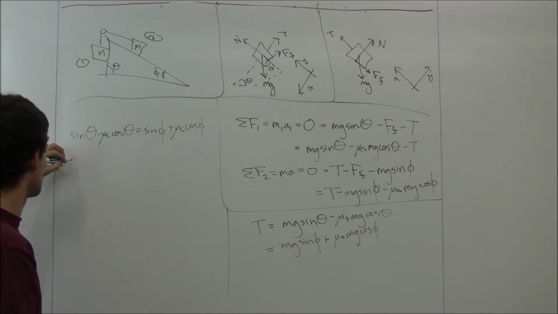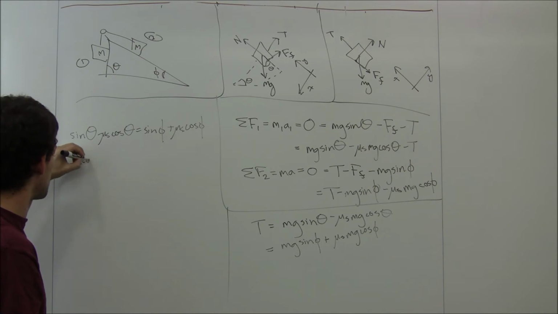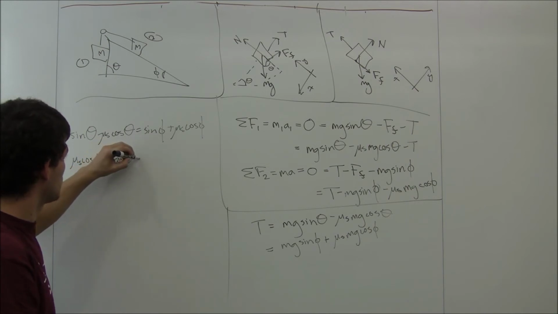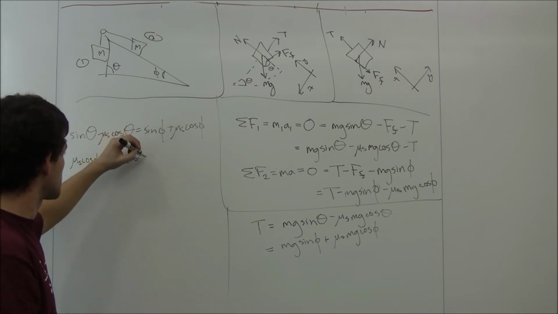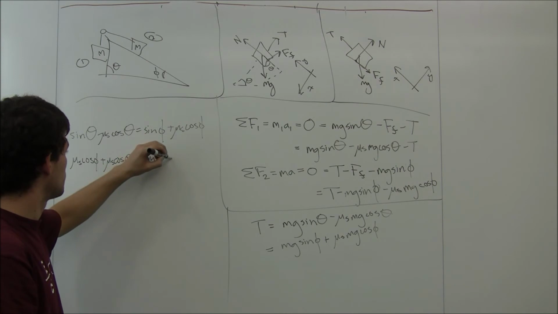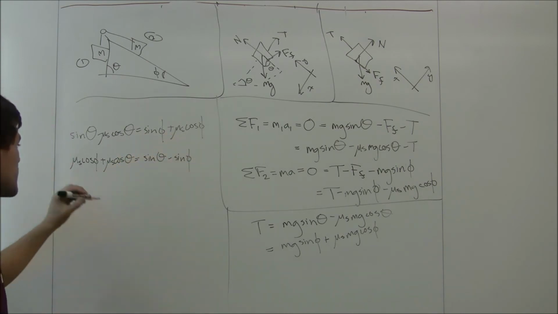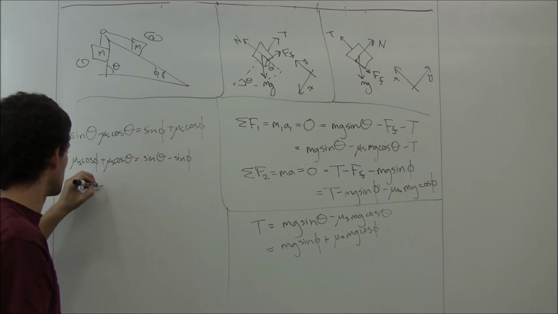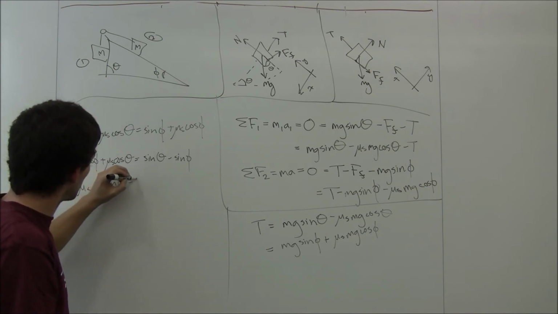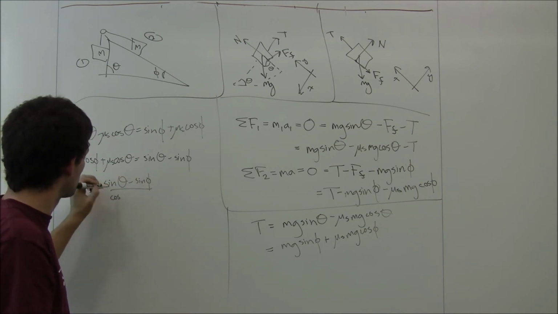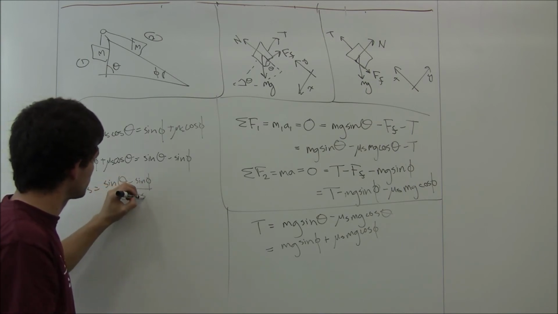And we get mu sub s cosine phi plus mu sub s cosine theta is equal to sine theta minus sine phi. And now we can divide this out, and we get mu sub s is equal to sine theta minus sine phi over cosine theta plus cosine phi.